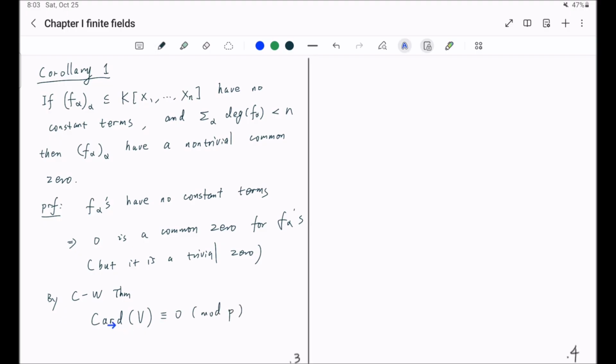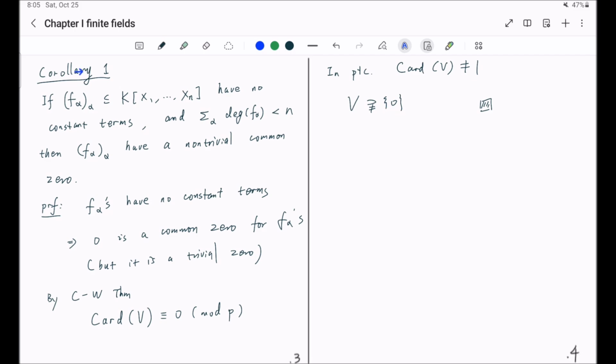And in particular, this means the cardinality of V must not be equal to 1, because 1 is not congruent to 0 mod p. And therefore, V cannot just have a trivial element 0. And whatever additional element in V other than 0 will be that non-trivial common 0. And this proves this corollary.